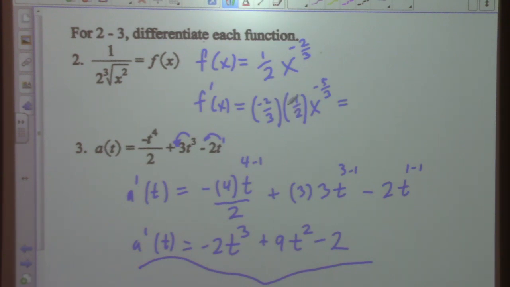And that looks like negative 1/3 x to the negative 5/3. And then you can write that as negative 1 over 3 times the third root of x to the 5th. Okay?